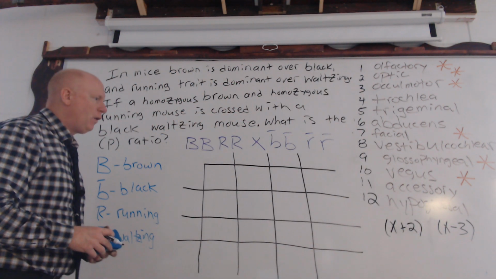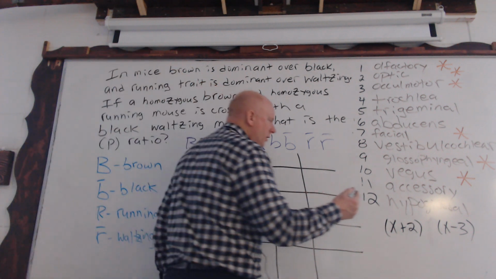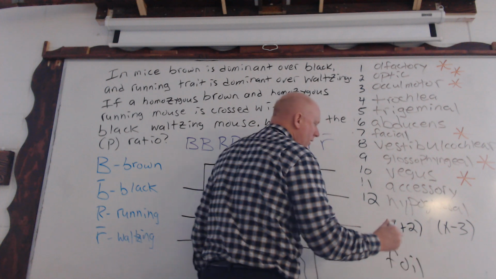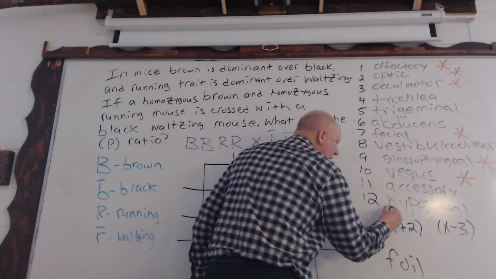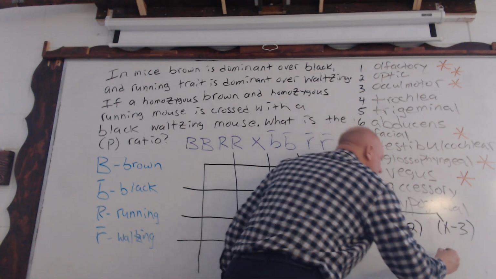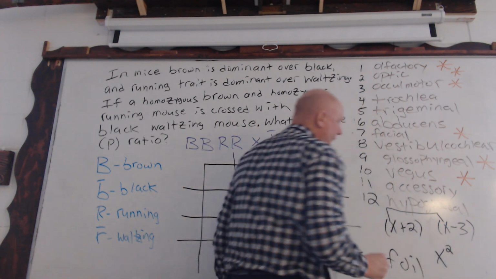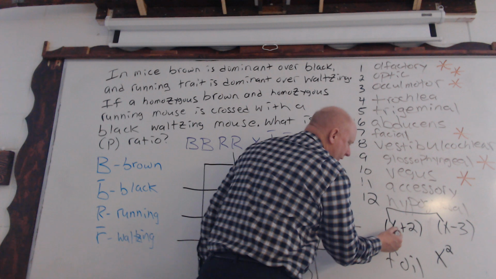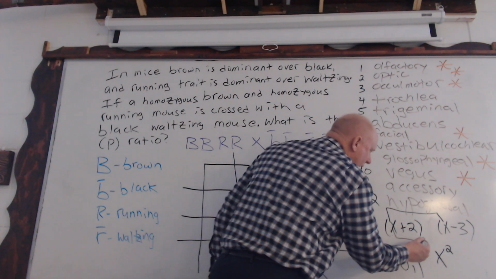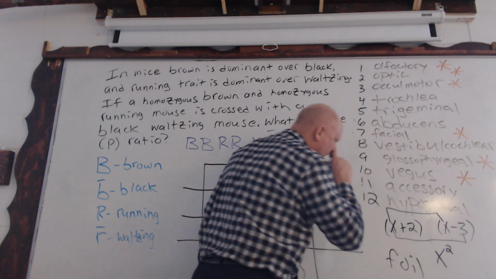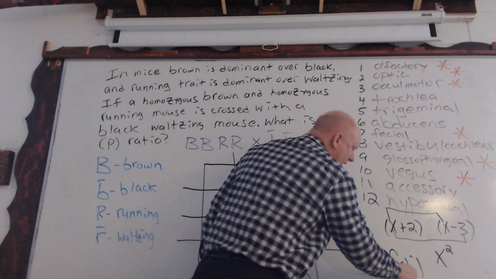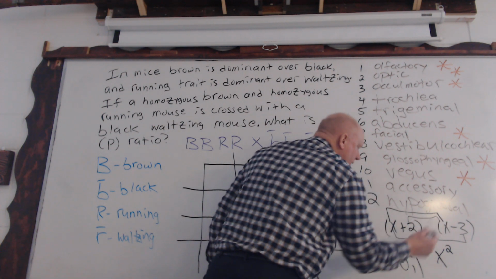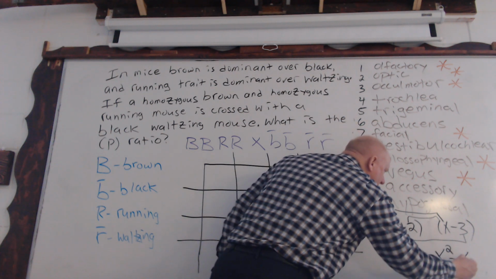When we talk about FOIL, remember F-O-I-L. It's the first term, so that gives you x squared. Then it's the outside term, this x all the way out to minus 3. Then the inside, and you put the two together, there is 2x, so that would give you minus x.